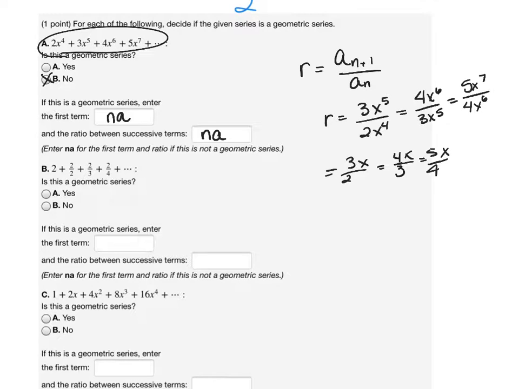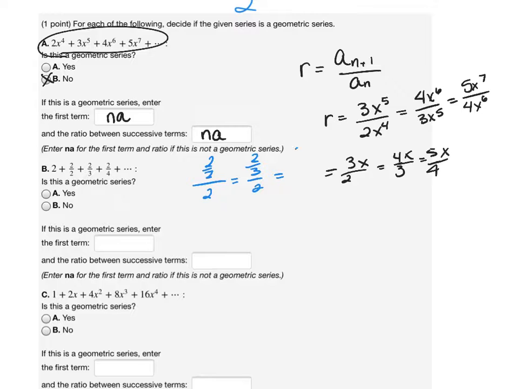Can we do one where it answers the second question? Because I guess that's where I'm confused on what it means by successive. So now let's just look at this second one. I'm going to do the same thing. I'm going to do 2 over 2, is that equal to the same thing as 2 over 3 over 2?